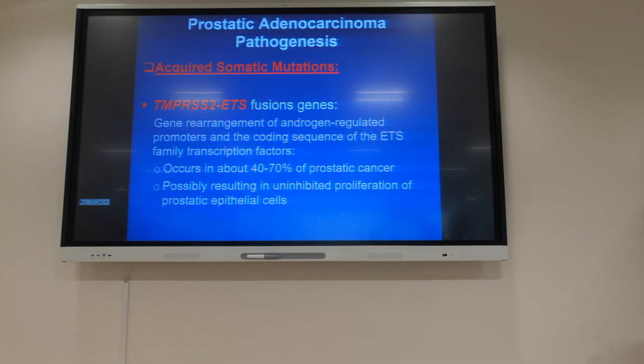Deletion. So it is on the same chromosome, right? Both of them are carried on the same chromosome. There was a deletion in that chromosome that resulted in juxtaposition of the two fragments next to each other, resulting in the creation of this fusion gene. What does that fusion gene do? This fusion gene results in uninhibited proliferation of prostatic epithelial cancer.